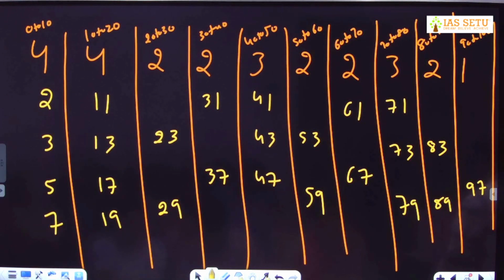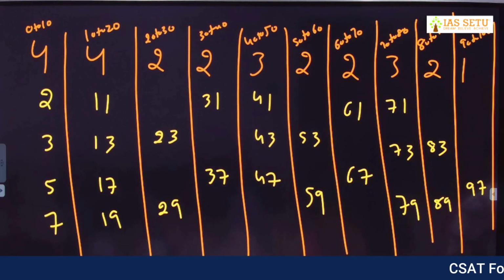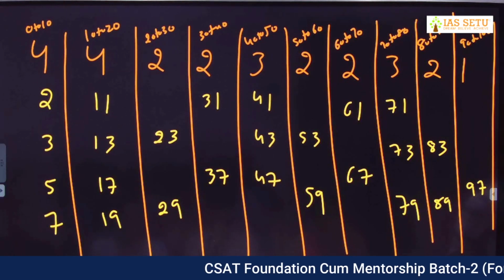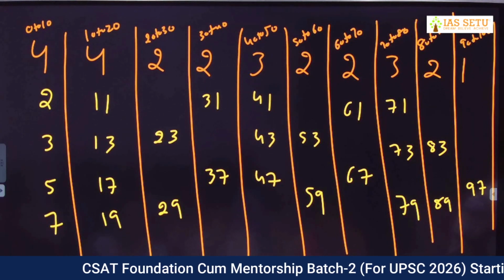I write again and again, I read again and again, I read this table loudly. To remember any factual thing, I need 5-6 efforts. Someone may need more, someone less. In UPSC preparation, never be influenced by any other person's capacity or capability.